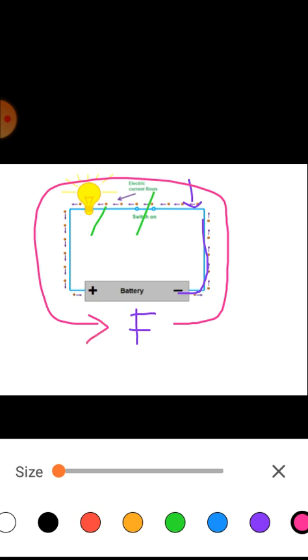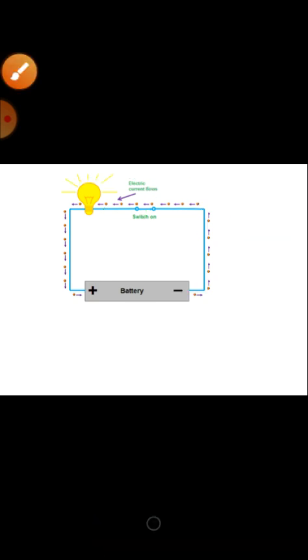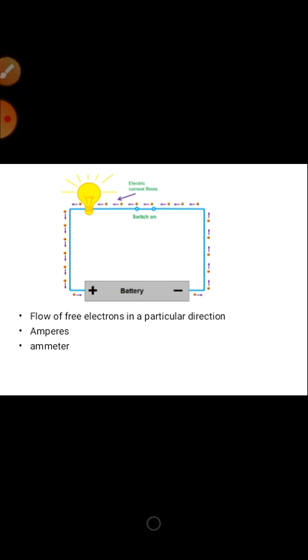It is because electrons are negatively charged, so they start moving towards the positive terminal. So this is the current. The definition of current is: the flow of free electrons in a particular direction is called current. It is measured in amperes by using an ammeter.